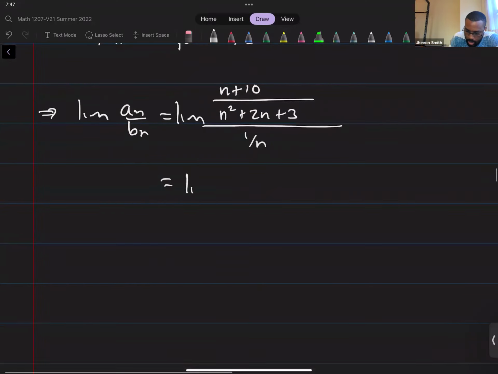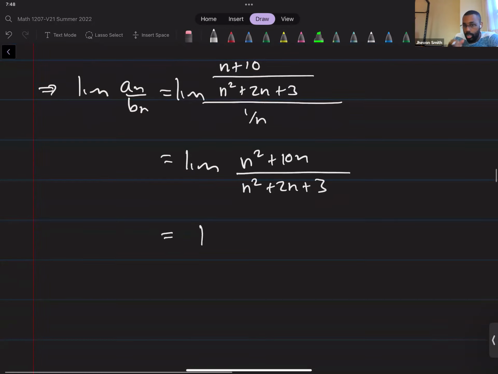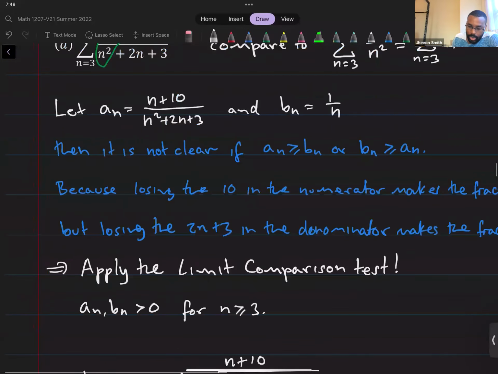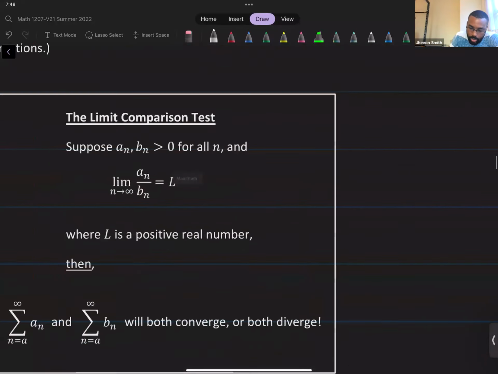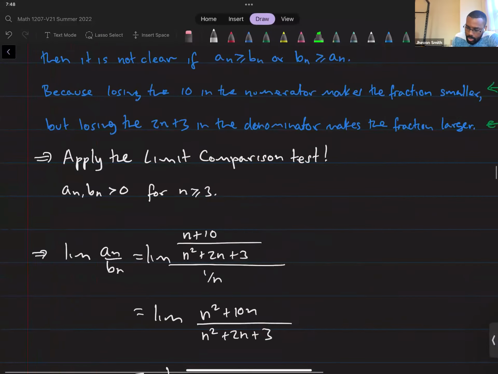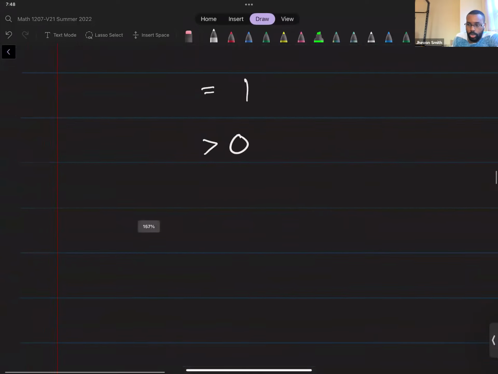So that's actually the limit of n squared plus 10n over n squared plus 2n plus 3. We know that that limit is 1, ratio of leading coefficients. So that is actually greater than 0, and it's a real number. So I took the limit of the ratio, I got L. L is a positive real number, so I got 1. So that tells me that both series will do the same thing.